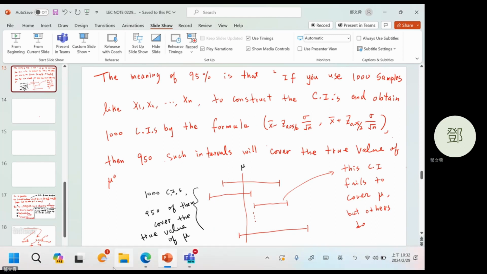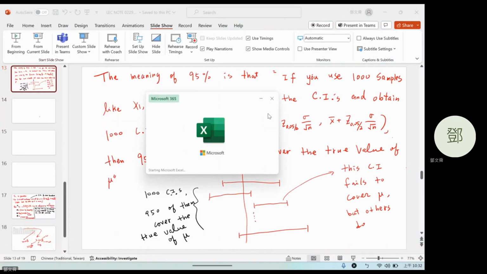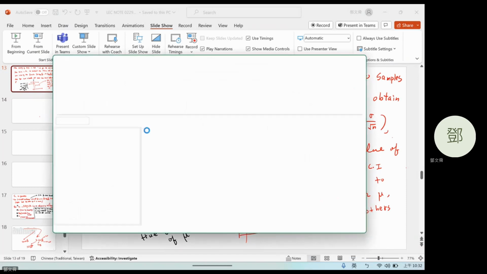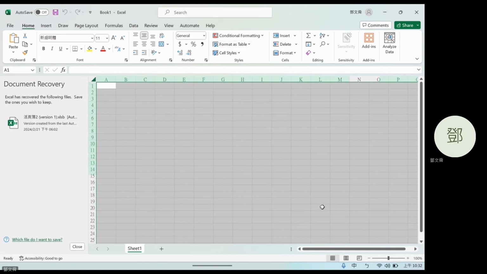Here. Now the interface is in English. New file. Close. Hey, what happened?